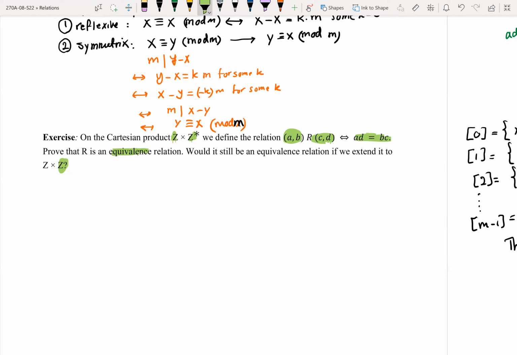You're talking about calculus 3, or linear algebra. The cross product has to be of two vectors, but we are doing the Cartesian product, where we are multiplying two sets, not vectors.